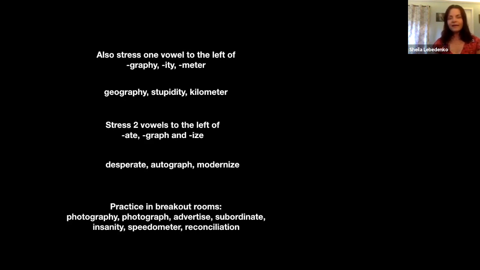Shoko, do you want to try? Are you asking me? Sure. Okay, geography. Good. How about Shanti? Geography. Yeah, okay, good. Let's do the words at the bottom of the page now. So we have the P words.